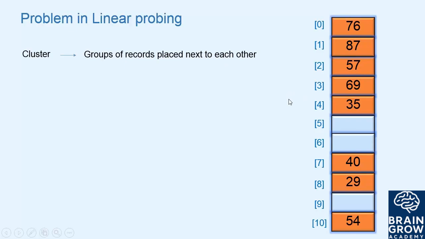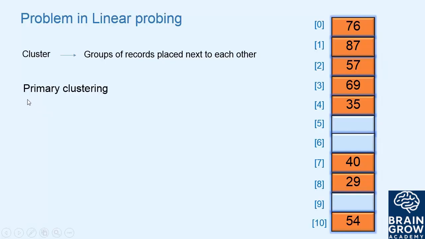Now because of these clusters, the search time of a key increases. If a key is hashed to any of these locations within this cluster, then it will be stored here at index 5 and this cluster will increase in size by 1.